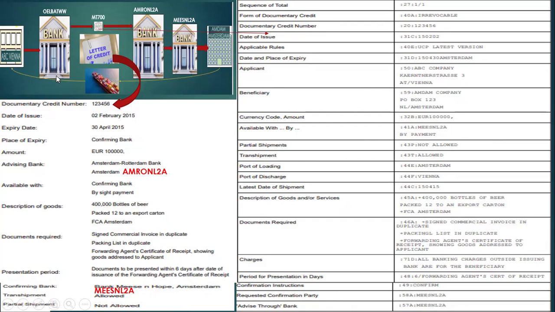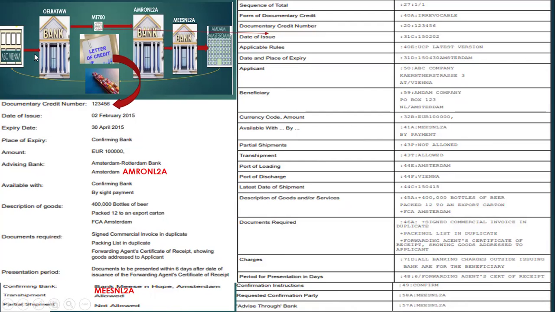Now, once it arrives at the Vienna port, from there this particular bank, OELBATWW, the bank in Vienna, will take care of it before handing it over to ABC Vienna. They will not directly hand it over to ABC Vienna. At the port, this Vienna bank will make it available with the respective information only when they pay off.